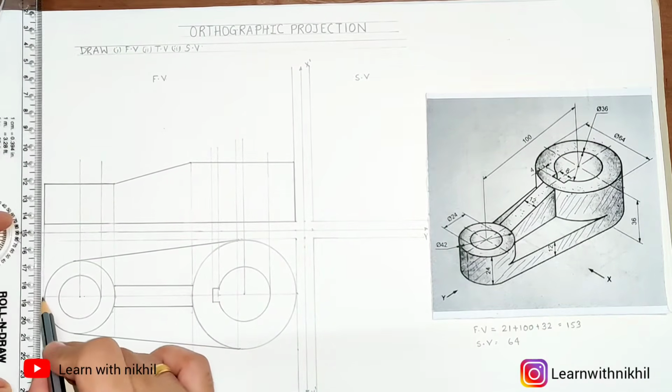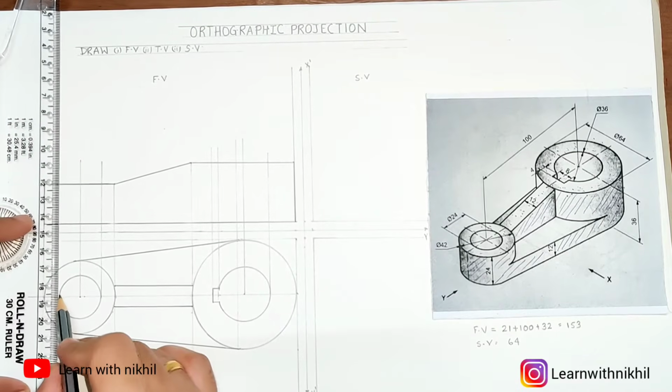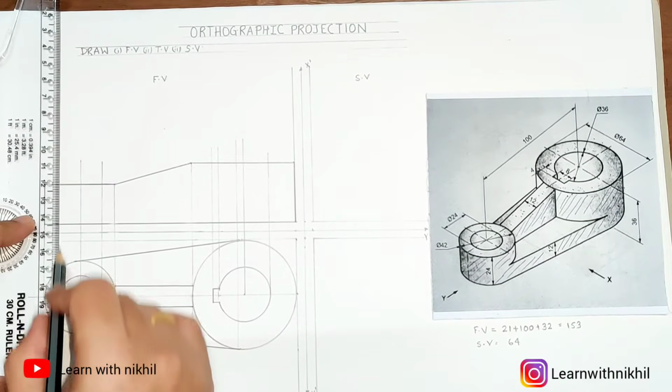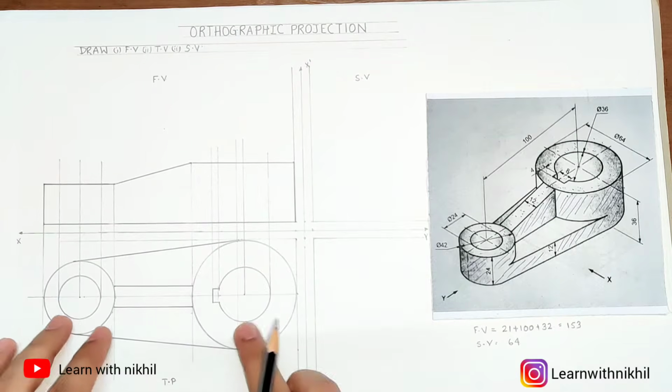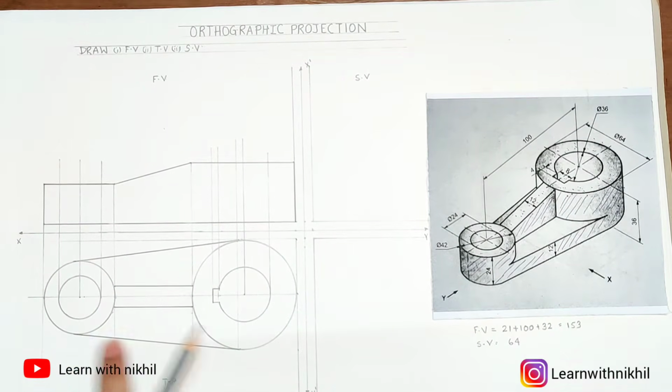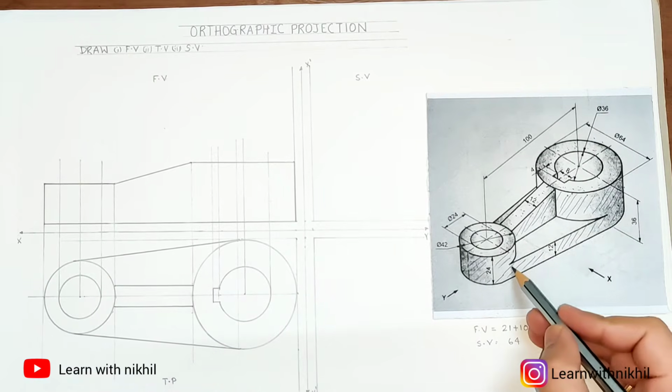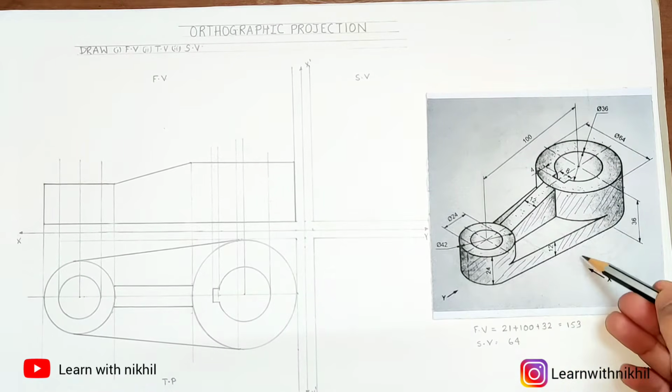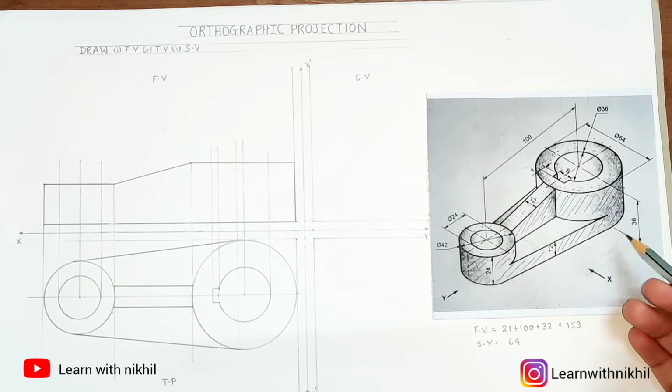You have to project it to the front view. As the inner circles are hidden in the front view, we need to draw the dotted lines. Now this tangent line, we have to draw on the front view as well, which we have left earlier.